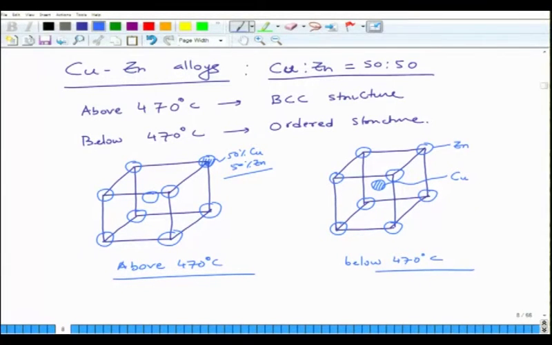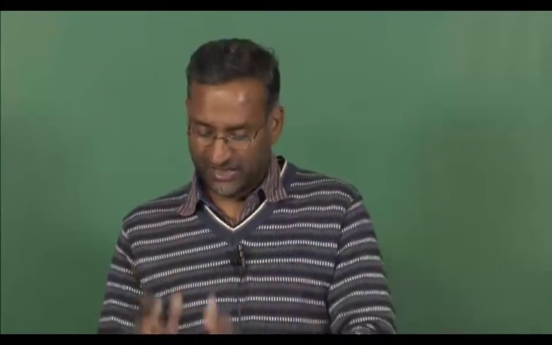So, this is a disordered solid solution, this is an ordered solid solution. In a disordered solid solution, you cannot pinpoint and say that this is a copper atom or this is a zinc atom. There is a probability. But in the case of an ordered structure, you can make a difference, and this is very clearly seen in the X-ray diffraction pattern.